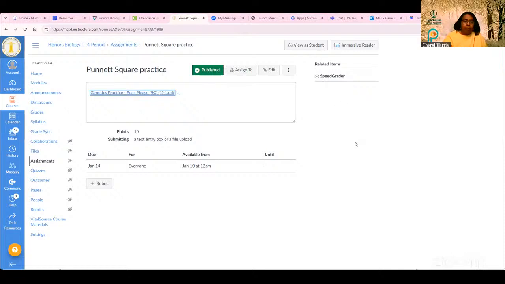It should say Punnett Square practice. Refresh your page in order to see it. Try to view this as a student.